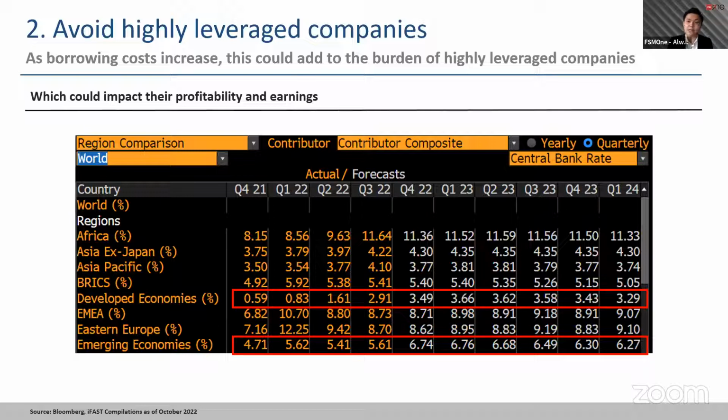But the thing here is that emerging economies face higher inflationary pressure, and the pace of their rate hiking is also faster. So we think that emerging economies are more vulnerable to interest rate hikes.